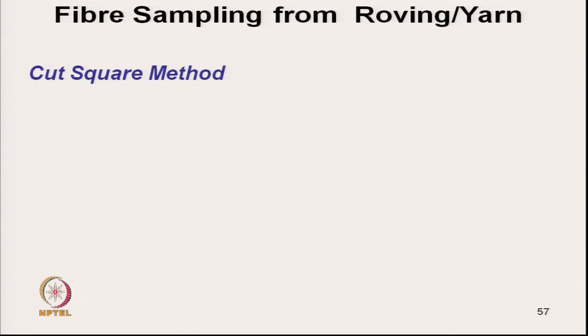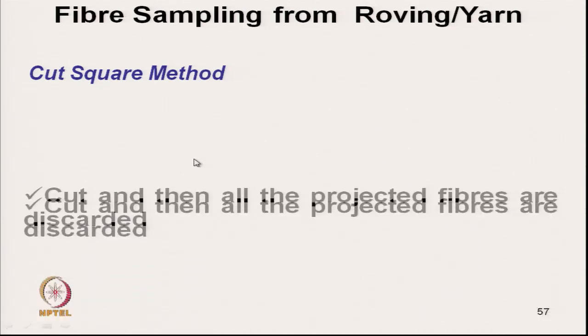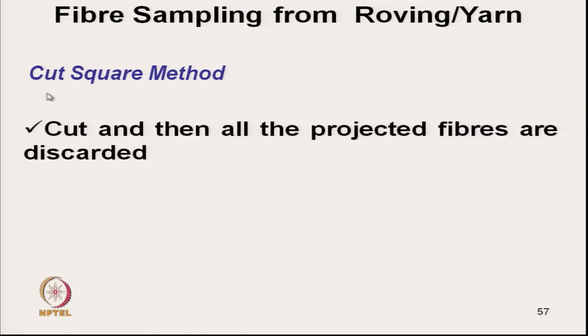A similar technique is used for roving or yarn, and we can even use it for sliver also. This technique is known as the cut square technique. As the name suggests, we have to cut.